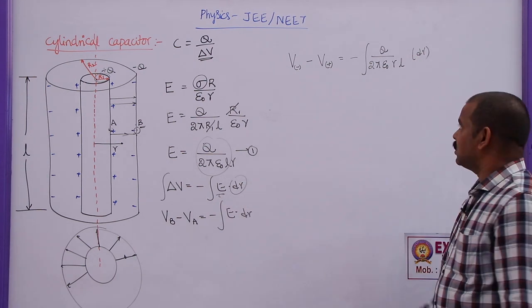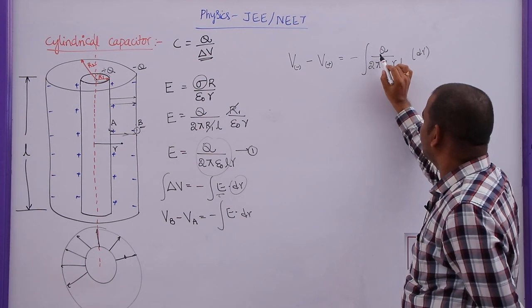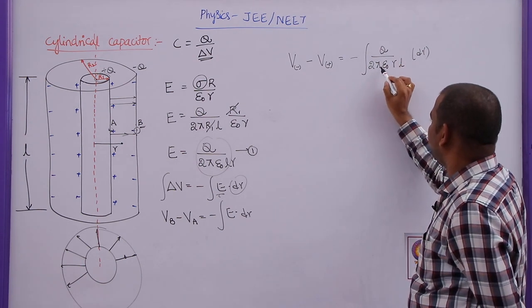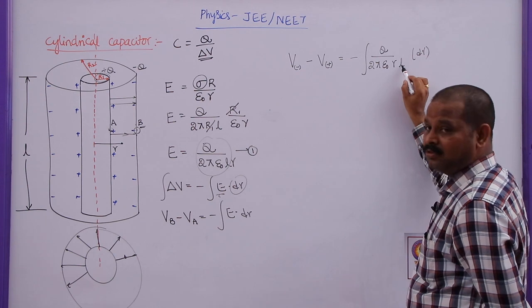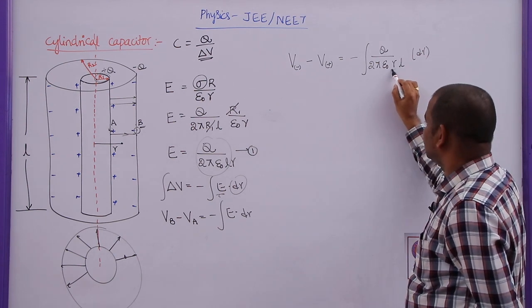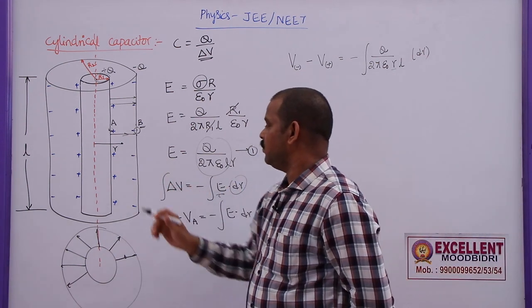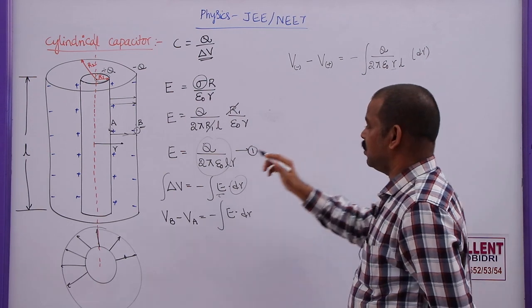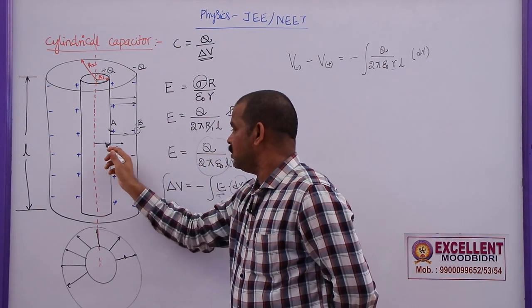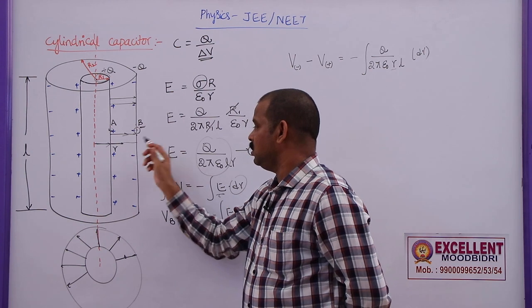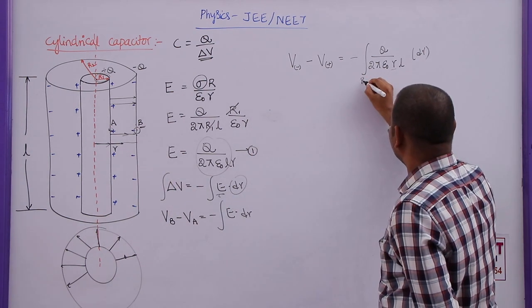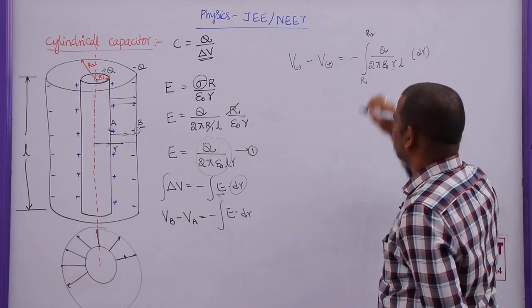What are the limits here? What is the variable? Q is constant, 2 pi epsilon naught is constant, length of the cylinder is constant, but the distance of that point from the center, this is the variable. So, what is the minimum value of small r? From here to here is R1, from here to here is R2. So, the limits are R1 to R2.